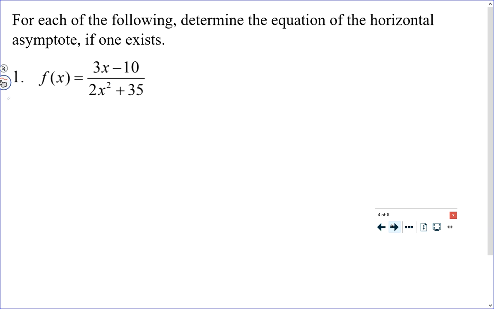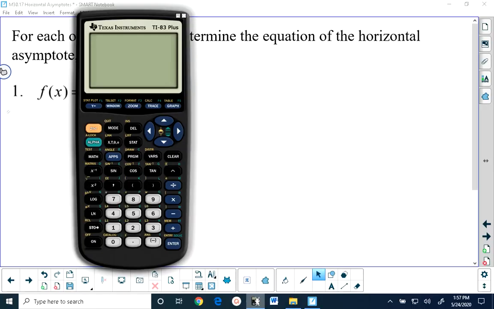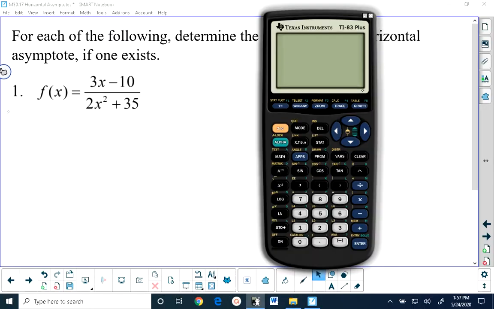We have this function f of x equals 3x minus 10 over 2x squared plus 35, and we're asked to determine the equation of the horizontal asymptote if it exists. What we're going to do is use our graphing calculator to evaluate what this expression is equal to for large values of x.